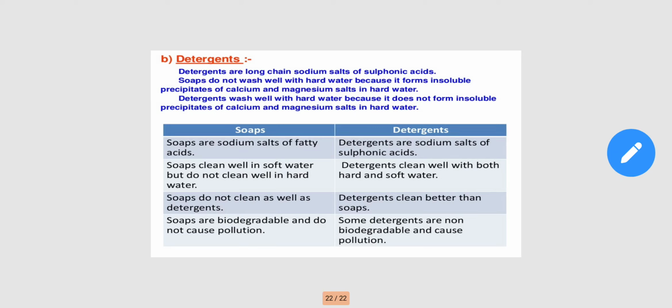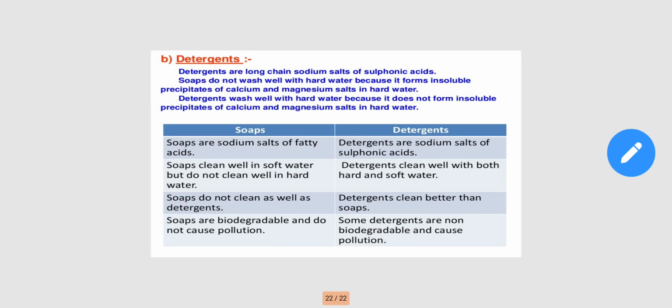Soaps do not wash well with hard water because they form insoluble precipitates of calcium and magnesium salts in hard water. Detergents wash well with hard water because they do not form insoluble precipitates of calcium and magnesium salts. This is the difference: soaps are sodium salts of fatty acids, while detergents are sodium salts of sulfonic acid.